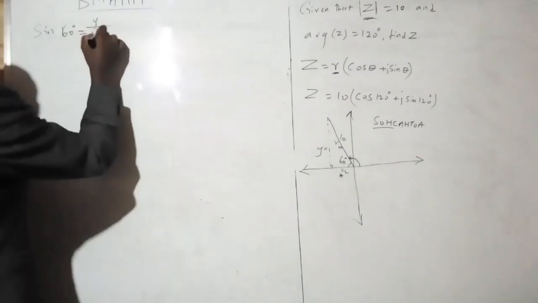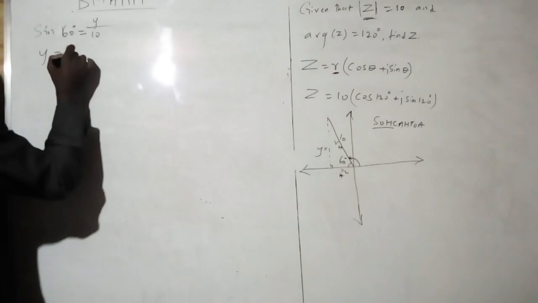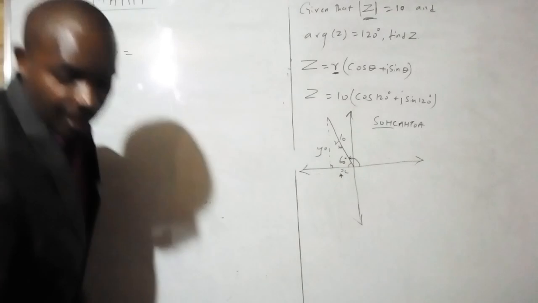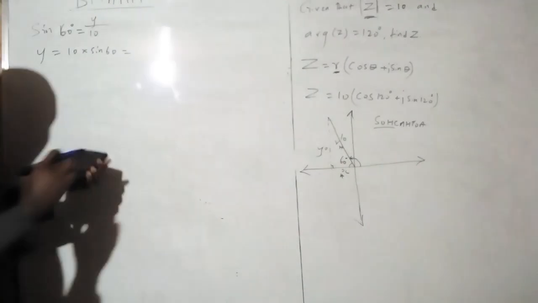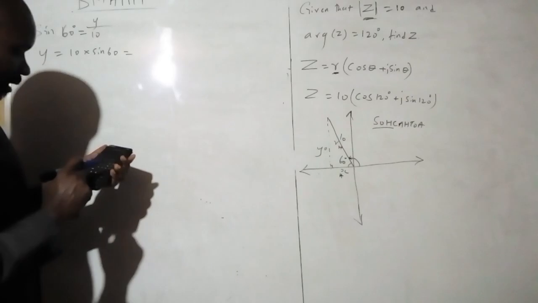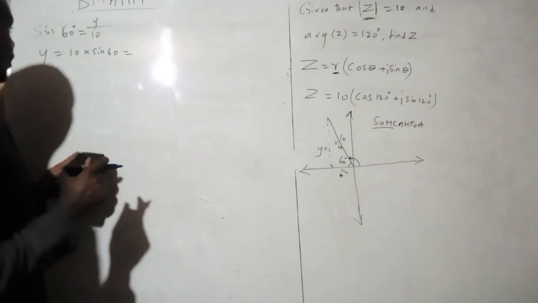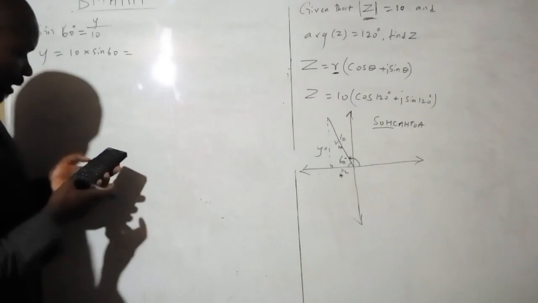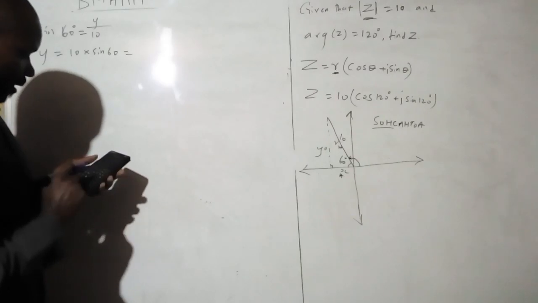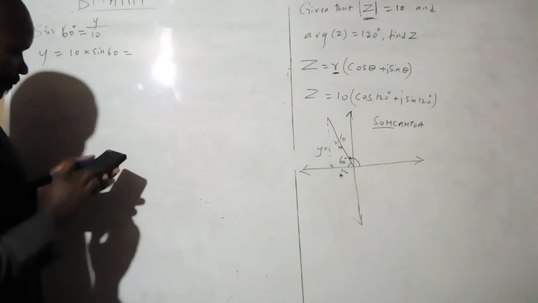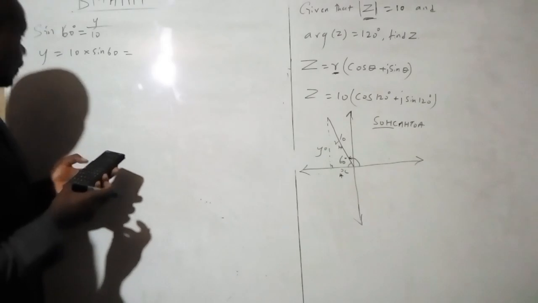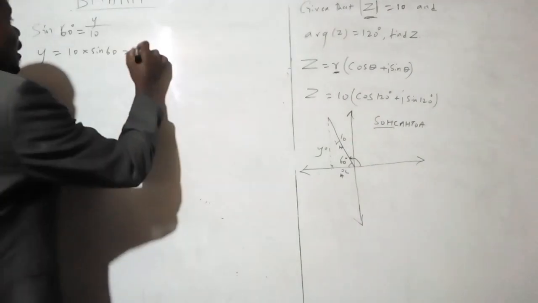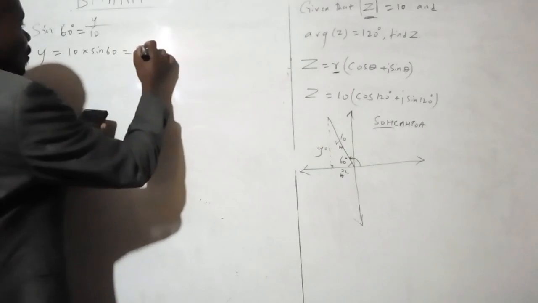To get y will be 10 times sine 60. We get what? Let's write it in decimal form: 8.66.